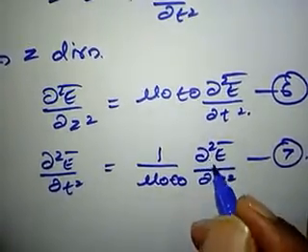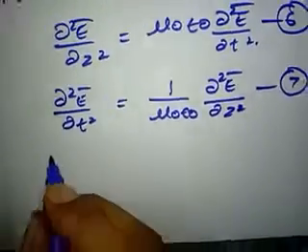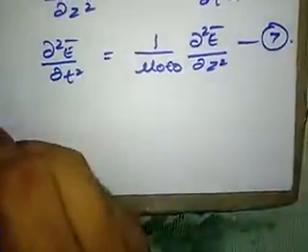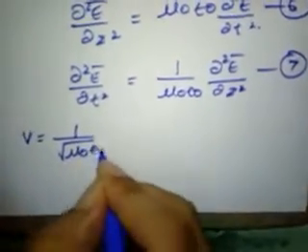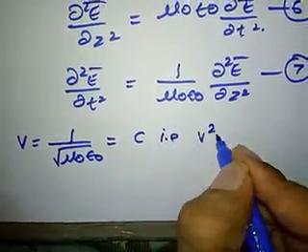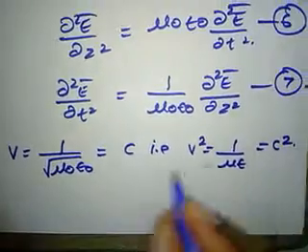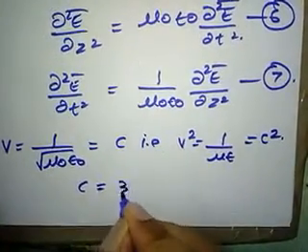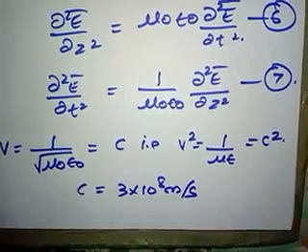Now, according to certain equations from optical physics, we know that V is equal to 1 upon square root of mu naught epsilon naught, which is equal to C. That is, V square is equal to 1 upon mu epsilon, or C square, where C is 3 into 10 raised to 8 meter per second, the velocity of light.